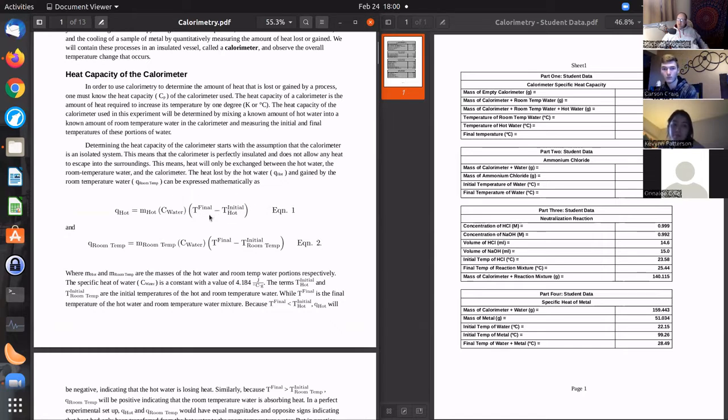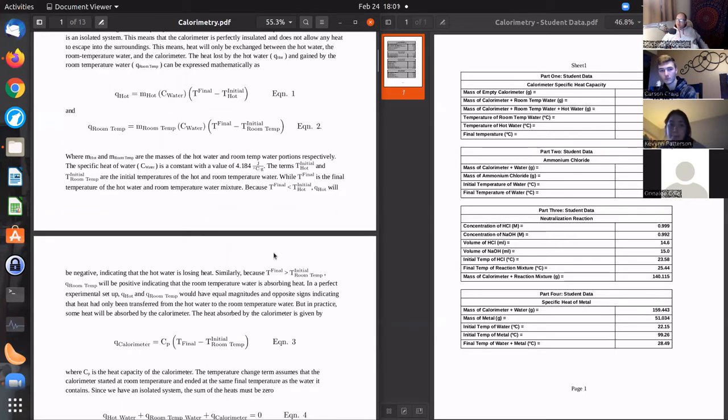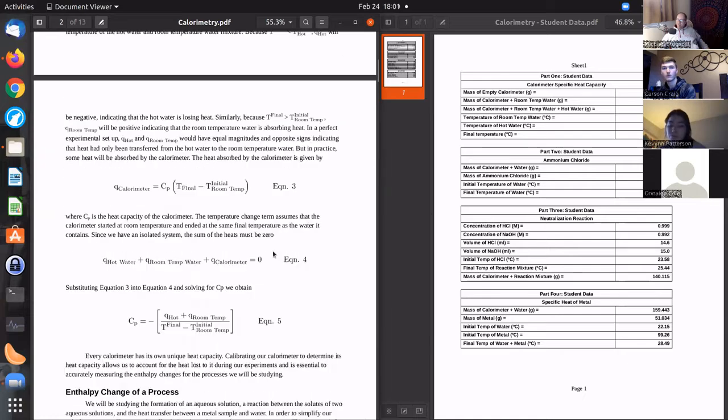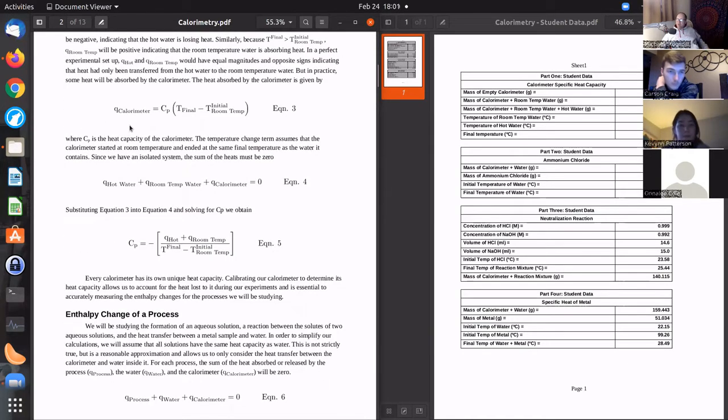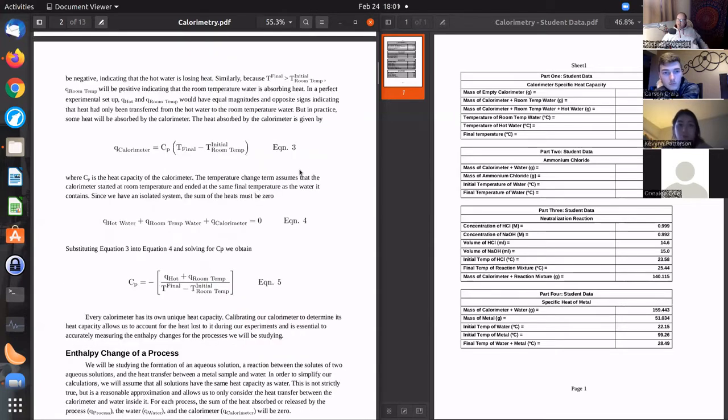That means that this subtraction term is going to be negative, and the whole term becomes negative, right? And then we have the reverse situation for the room temp water. So that's pretty straightforward.